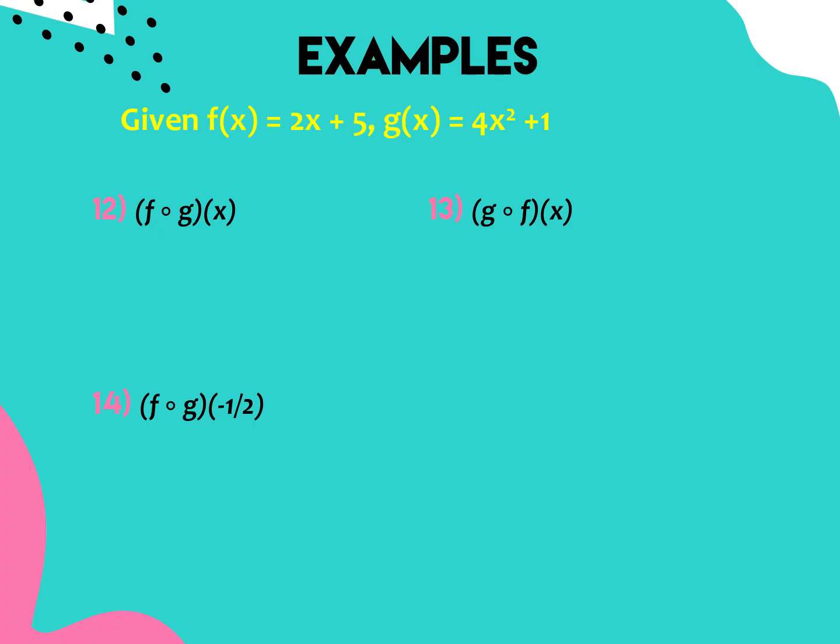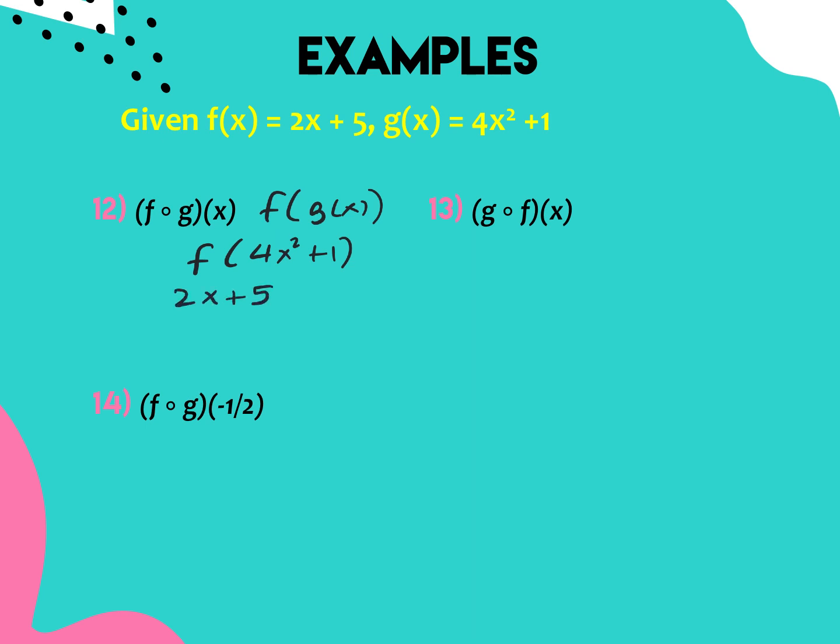All right, so the next one. Again, we're taking the G of X function, and we're plugging that into the F of X function for the X. So we're taking 4X squared plus 1, and this is what's going to go in for X. My F of X function is 2X plus 5.